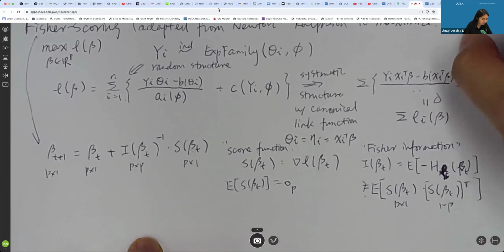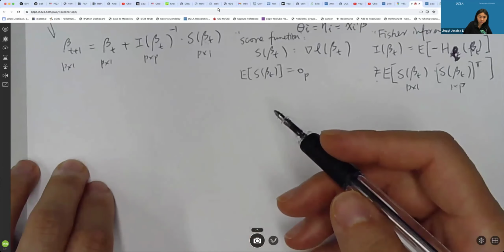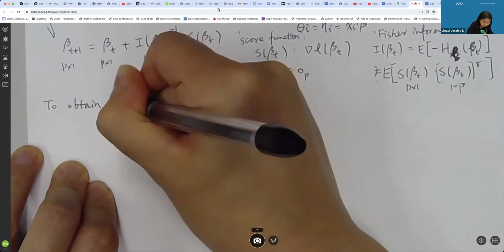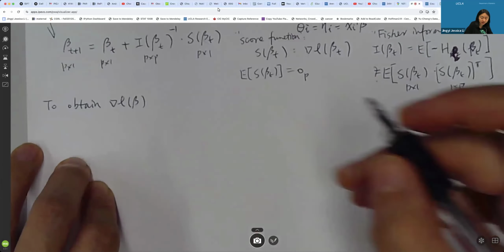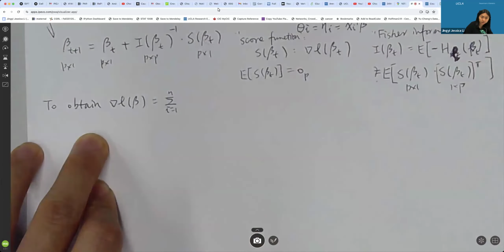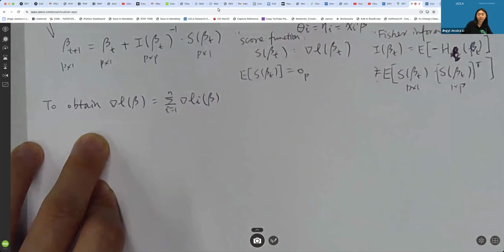So the logic is that to obtain the gradient of the log likelihood at beta, it can be written as the summation, i from 1 to n, of the gradient of Li at beta.